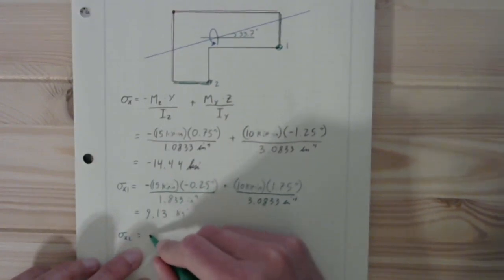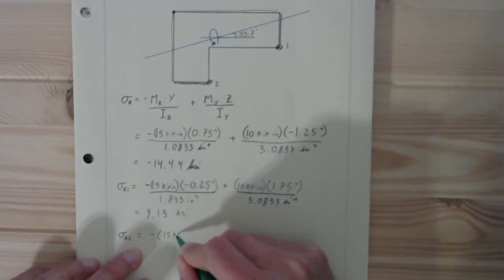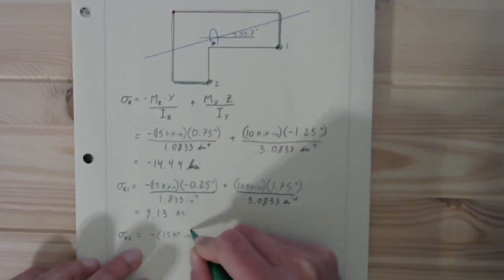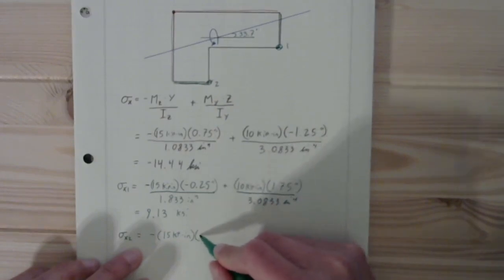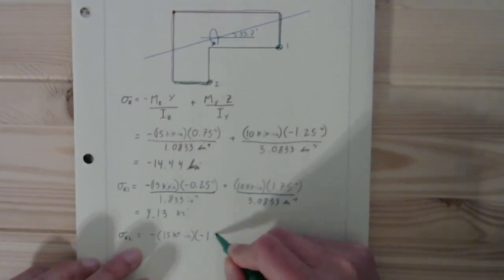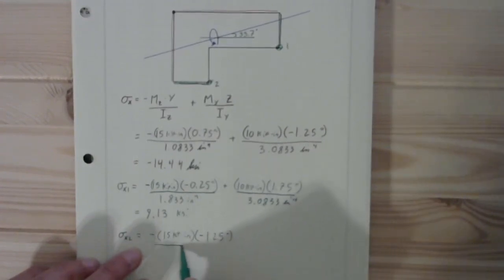We're going to have negative our positive 15 kip inches. This time we do get a lever arm that's pretty good. It's negative 1.25 inches, the most we're going to have.